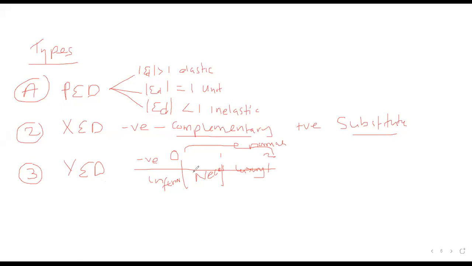So for income elasticity, I said there are 3 categories. If you get a negative, it's an inferior good. So if you get -2 as your income elasticity, you know that is an inferior good. If you get 0.2, it is a necessity. Necessities fall within food, shelter, the basic necessities, what we need.